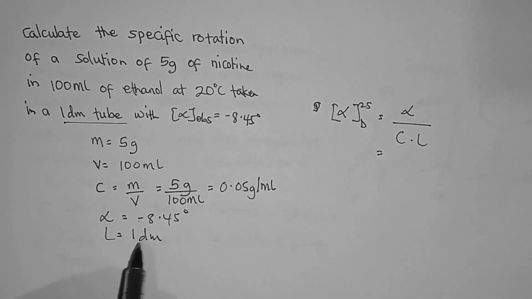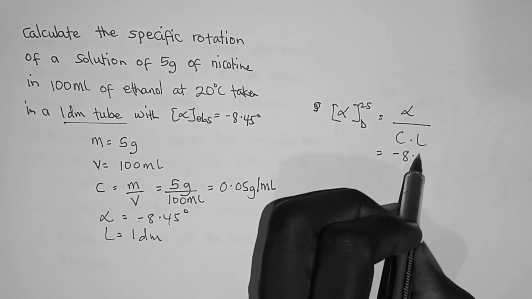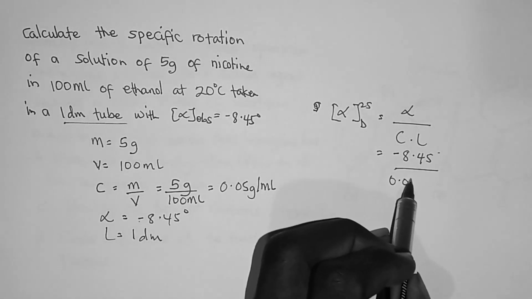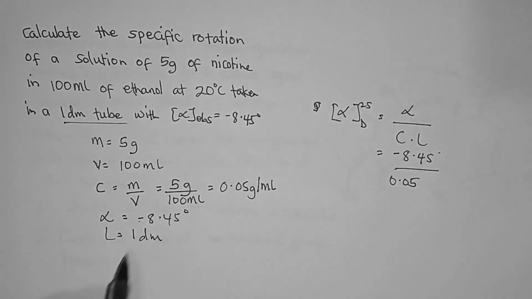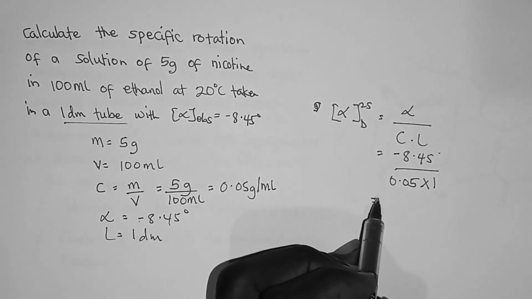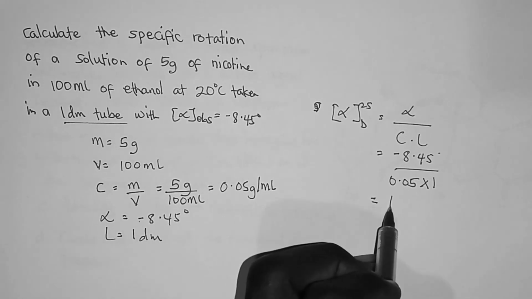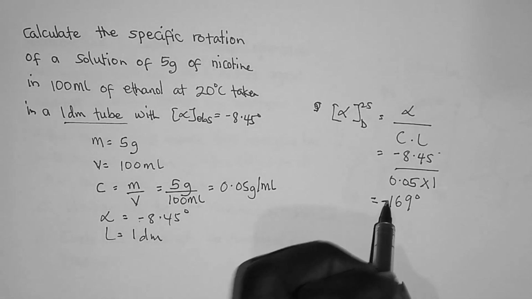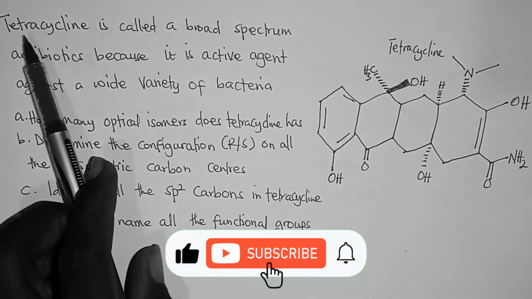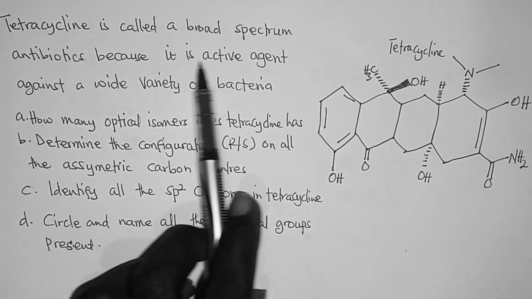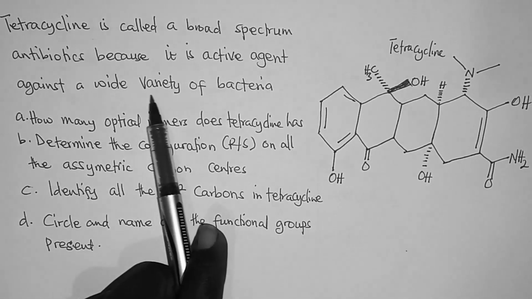So the observed rotation is minus 8.45 degrees divided by a concentration of 0.05 gram per ml, and then a path length of 1 decimeter, so times 1. And that will give us a specific rotation of minus 169 degrees.